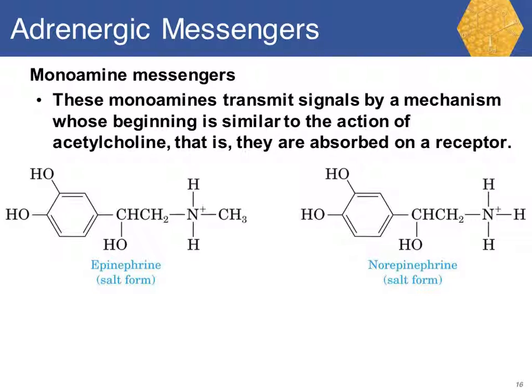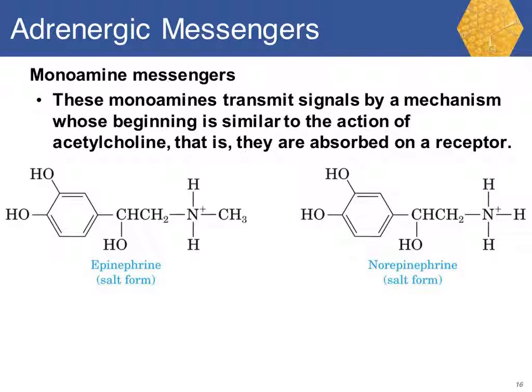Once it's bound to the receptor, something has to happen to propagate a signal to the cell, and that has to be transmitted throughout the cell. That whole process is called signal transduction, and it involves other compounds to help make that happen.